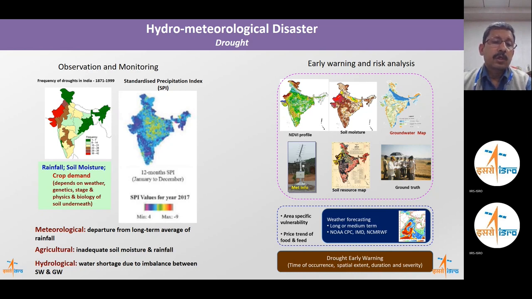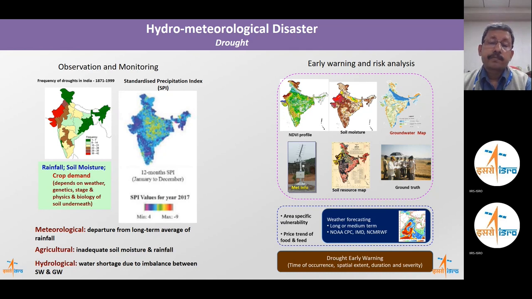When we talk about drought, there are three types. There is meteorological drought, which is a departure from the long-term average rainfall. Agricultural drought, which is because of inadequate moisture and rainfall, and hydrological drought, which is the water shortage due to an imbalance between the surface water and the groundwater.